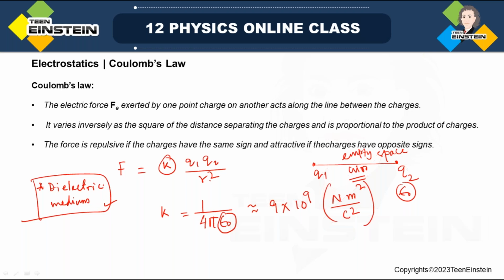We'll tell you what to do in that case. So, Coulomb force in dielectric medium.